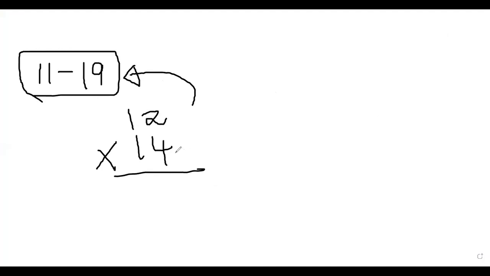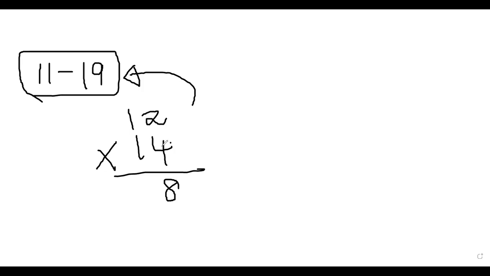right? So now what we have to do is multiply this one and this one together. So what is the answer? 4 times 2 will be 8. The 8 will come over here, right? After that, we have to add this number and this number together.